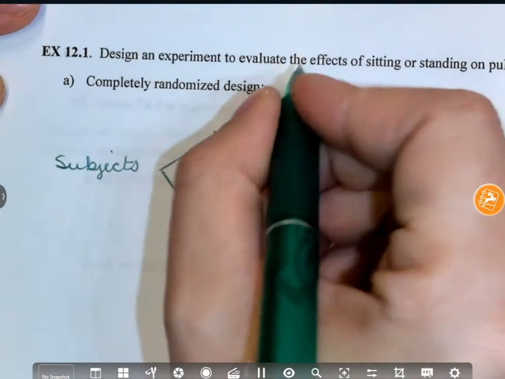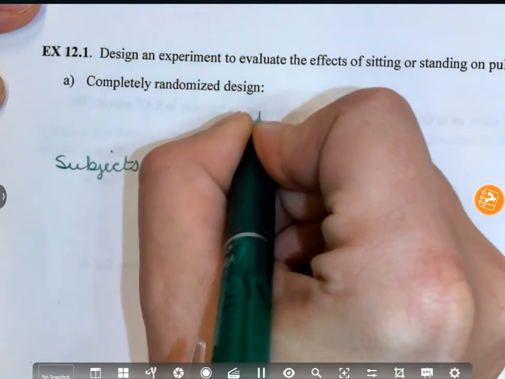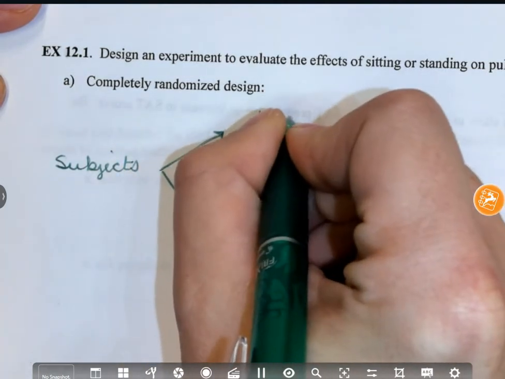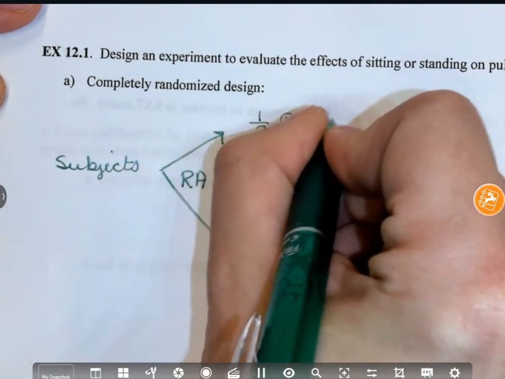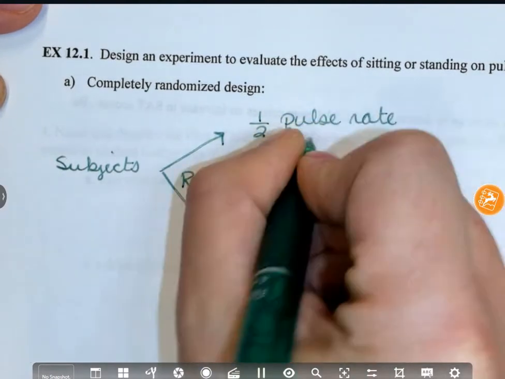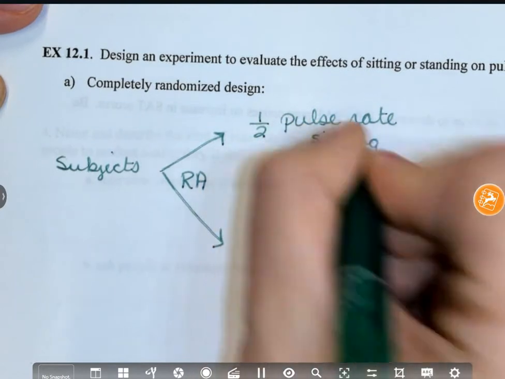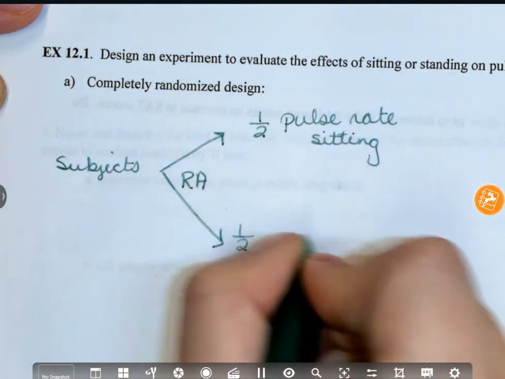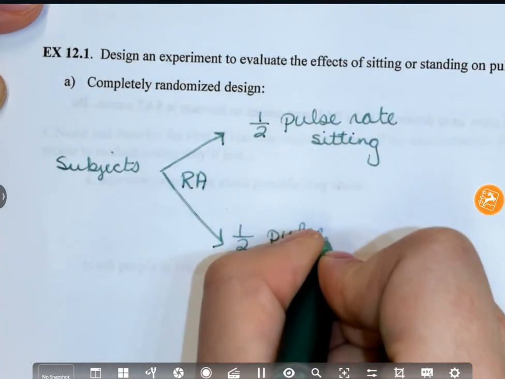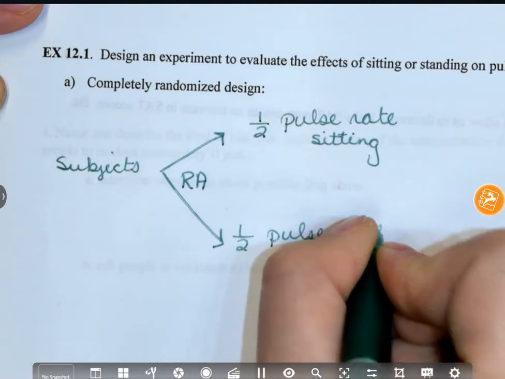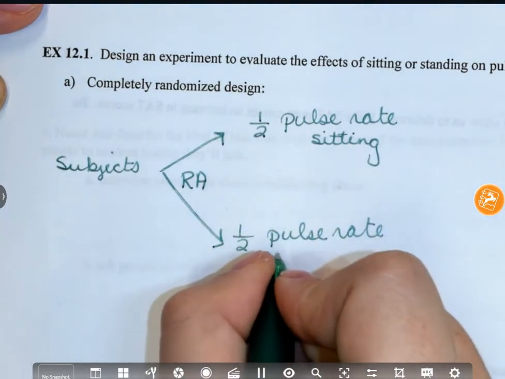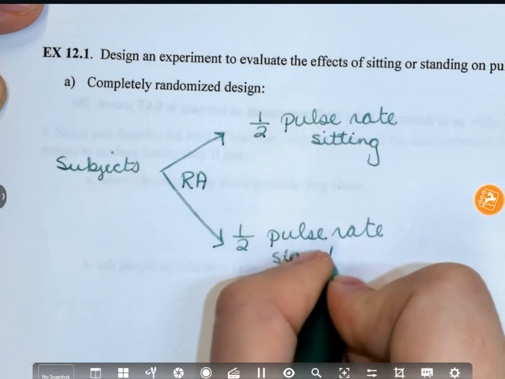I'm going to take half of them to take their pulse rate while sitting. And I'm going to take the other half, do their pulse rate. Guess what this one's going to be? Standing.